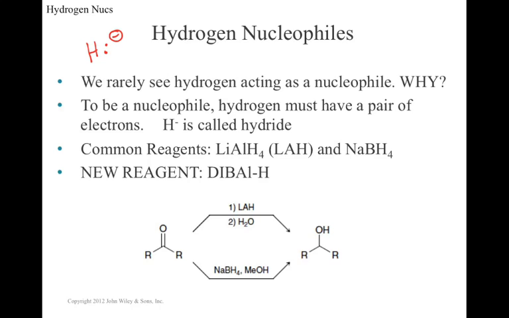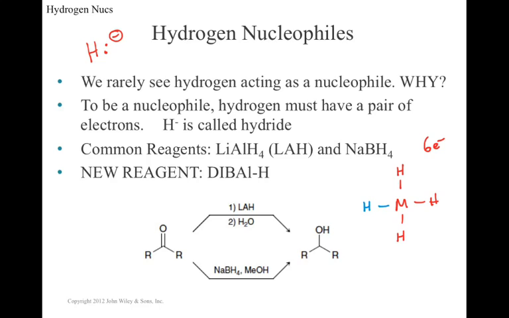What we're looking at in both those circumstances is that we have our metal with our hydrides on the outside of it. The metal in this case is both aluminum and boron. Both of those atoms are happy with just 6 electrons around them, which means one of those hydrides, at least to start with, is actually holding on to that negative charge.